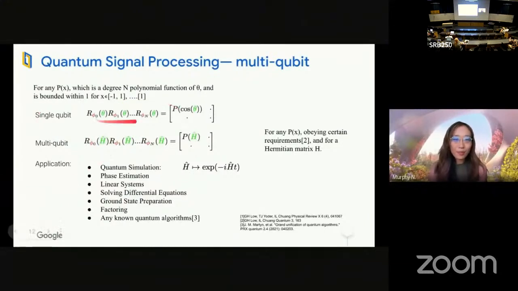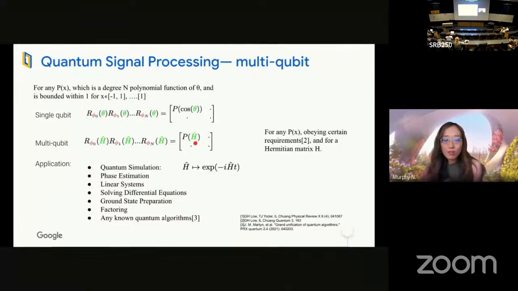Rigorously, we can systematically generalize the single qubit transformation, where we're applying a polynomial function onto the original scalar element of a 2x2 matrix, into a polynomial transform on the matrix block diagonal, the upper left block of the block encoded matrix.